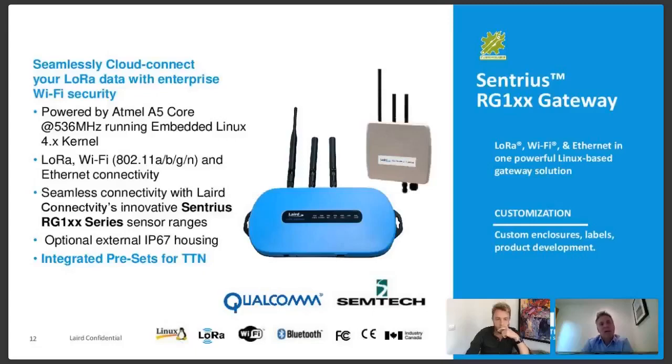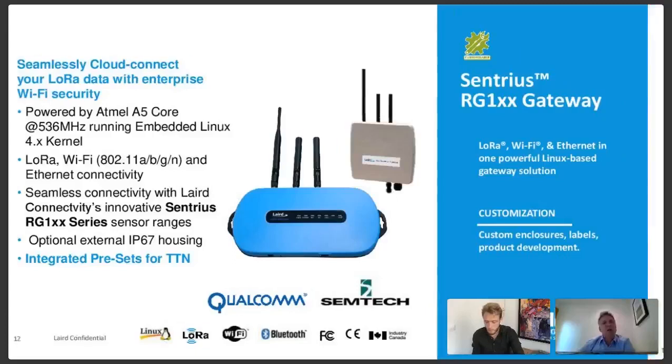And integrated into that is presets and configurations for TTN and TTI, so that data will simply flow in, be connected over LoRa, and then flow out over either a Wi-Fi or an Ethernet link up into a network server and then to the cloud. We also offer this in an IP67 variant if you're looking to place this outside of an in-building environment where you want an external product.